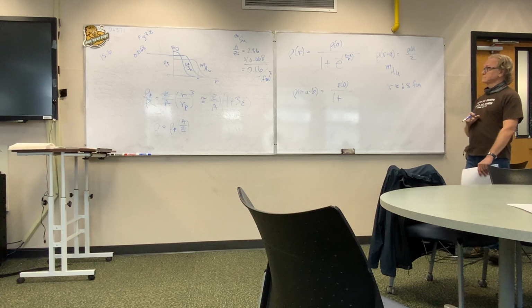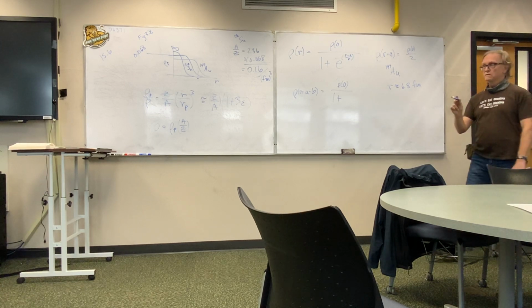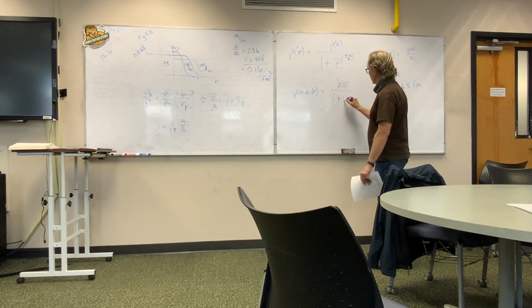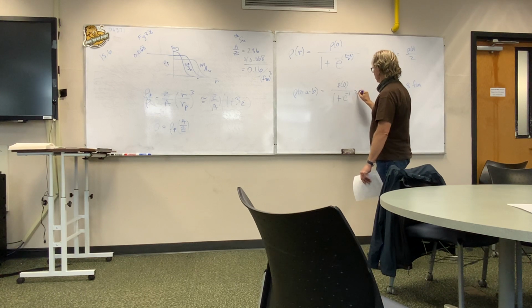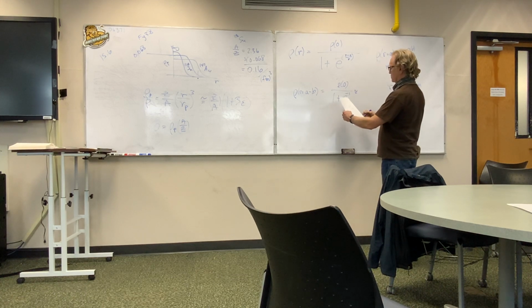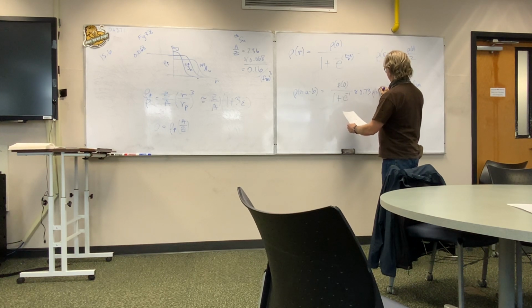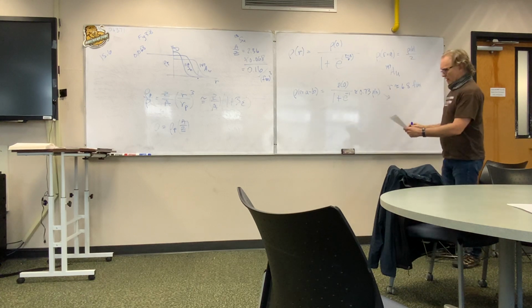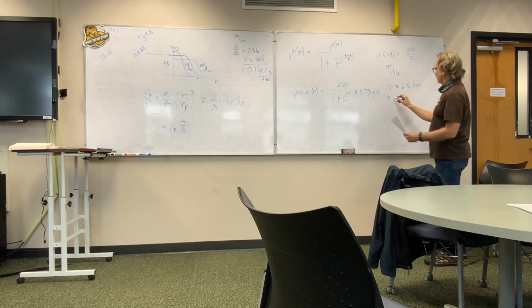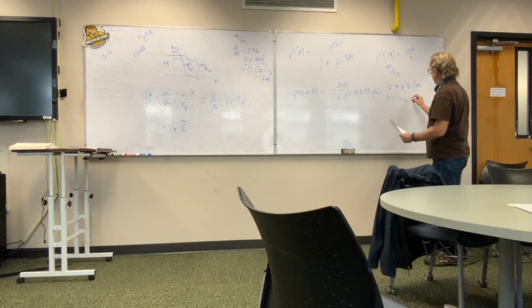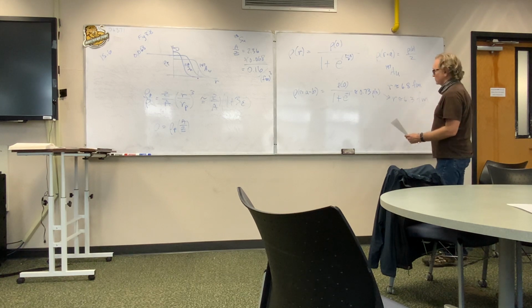Now what? R is A minus B, go ahead. E to the negative 1. E to the minus 1, which is approximately 0.73 rho 0. I do that, and I got R about equal to 6.3 femtometers.